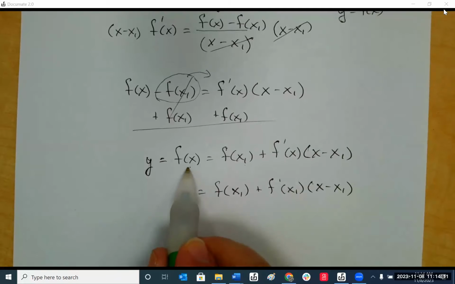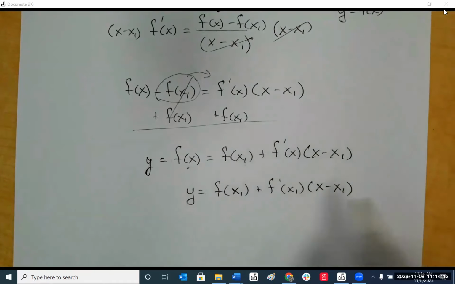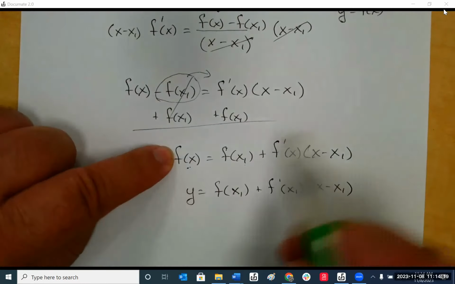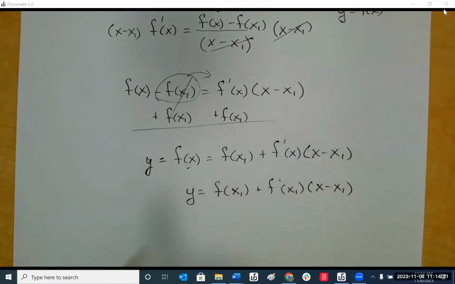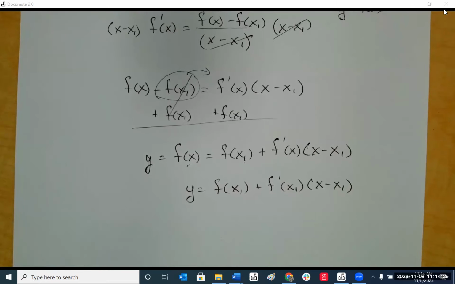So that value at that x will give us that next solution. And then whatever we get there, we plug it back into the equation and keep on doing it until we get close to a number that doesn't change anymore.